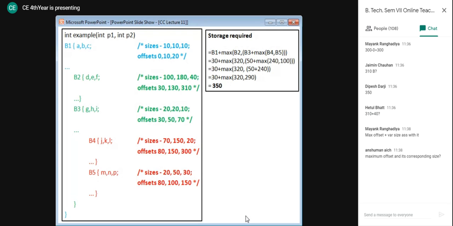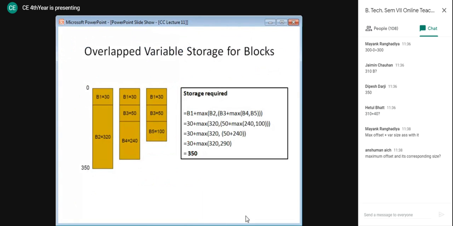Okay, so now let's see how it looks in our memory. This is how our overlapped variable storage for all these blocks B1, B2, B3, B4 and B5 will appear. As I said, at a time what variables are alive or accessible, that should be able to be accommodated in the storage that we have designed.